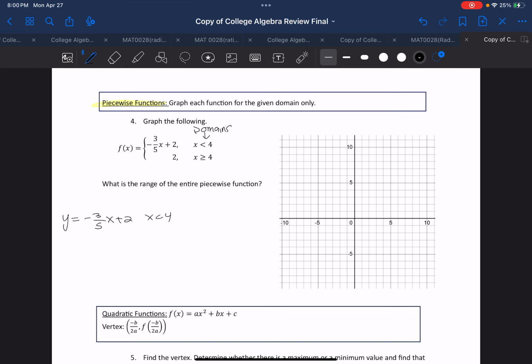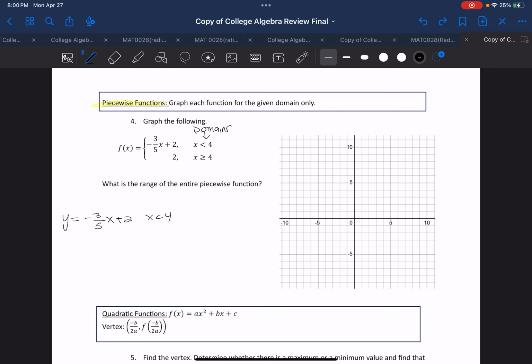So what I'm going to do is figure out what's happening at this end point. At x is 4.